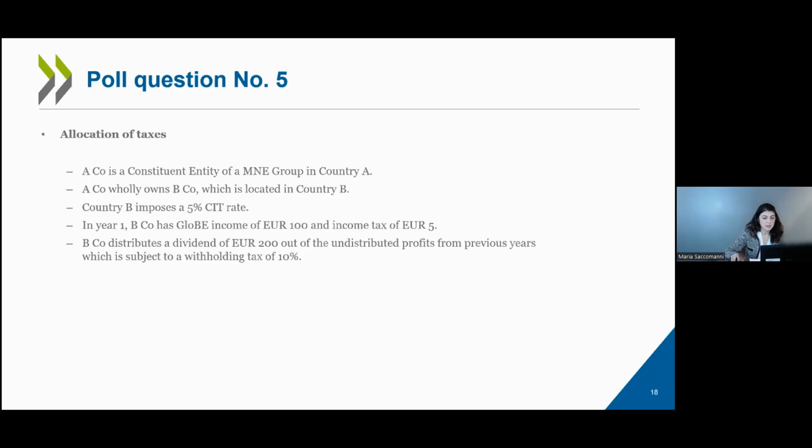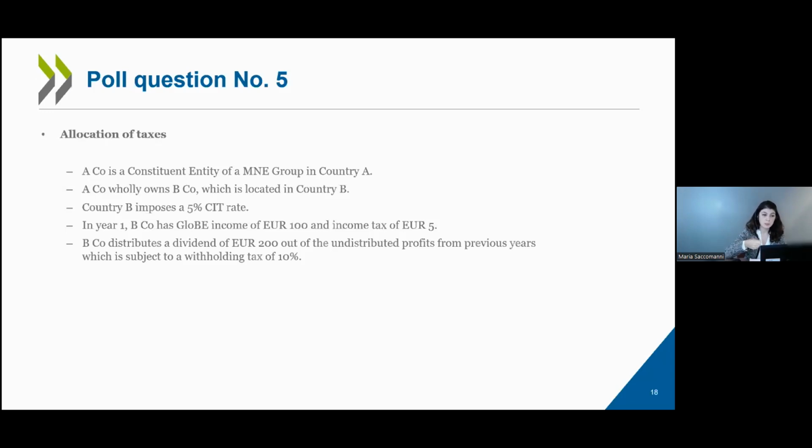correct answer. So basically, we said that the withholding tax on dividends shall be allocated to the jurisdiction where the entity performing the dividend distribution is resident, where it is located.